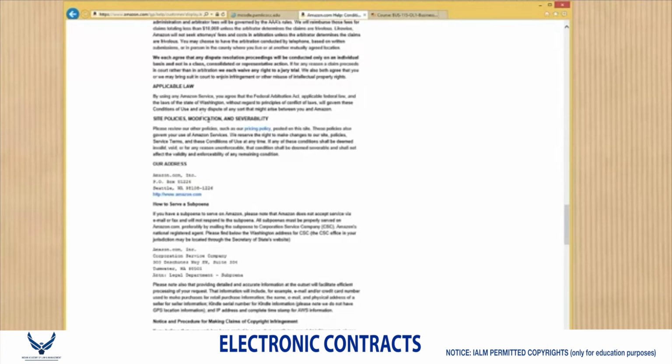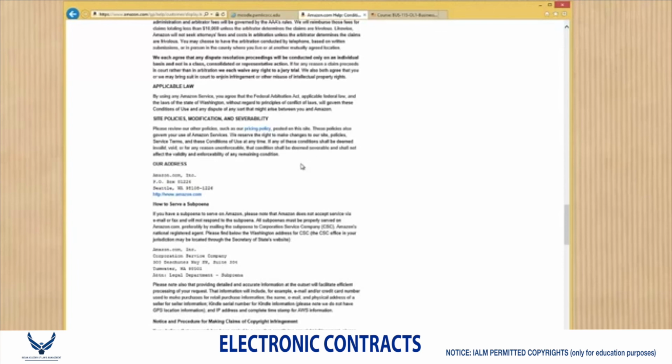The arbitration would take place in Washington. And the thing that is interesting about online retailers in the state of Washington is Washington has very good arbitration laws for businesses. So you'll see a lot of online retailers, even if they're based out of the state of Washington, are putting themselves under the laws of Washington.